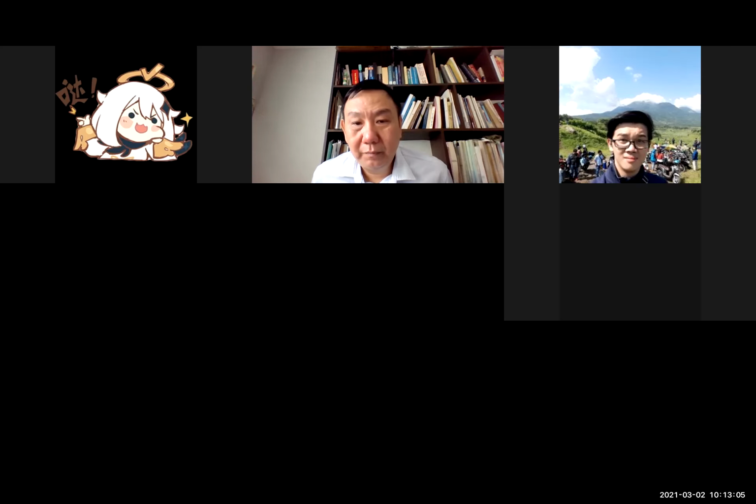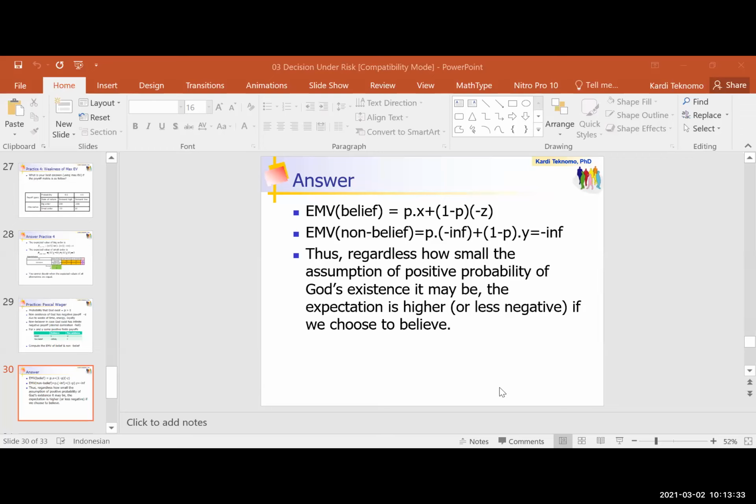I guess it is always better to believe because non-belief is minus infinity. Yeah, I think the minus infinity is like the biggest deal breaker there. Correct. So when you say believe, no matter how small the assumed positive probability of the existence of God, the EMV of belief must be a certain positive value, right?